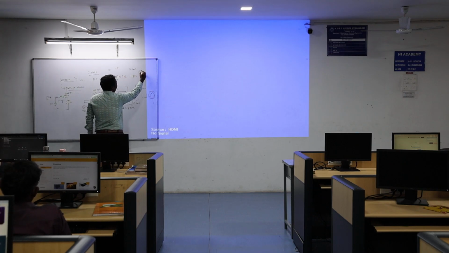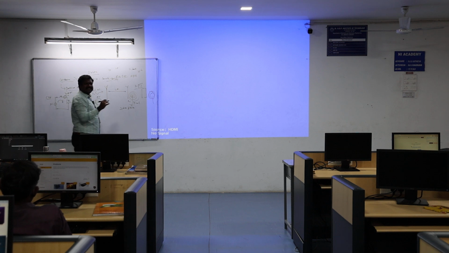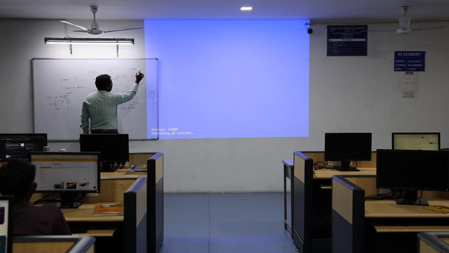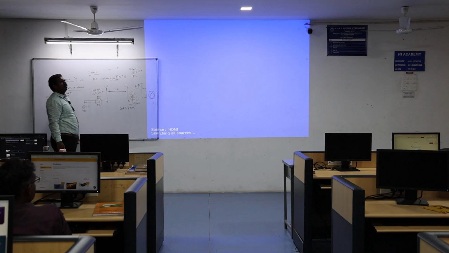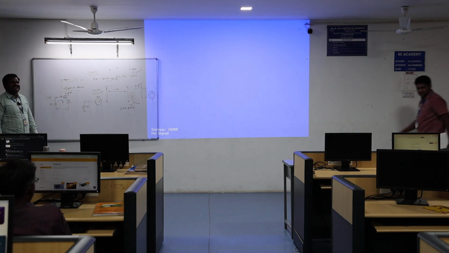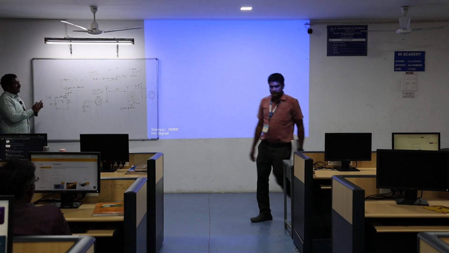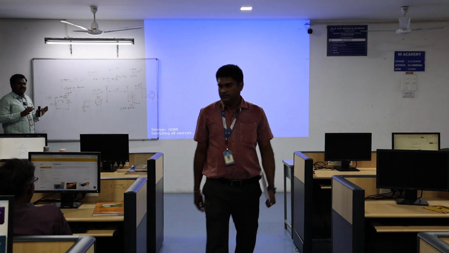Power distribution is approximately 10 to the power of minus 6, so a voltage of about 10 to the power of minus 6 is required. So there is a variety of applications using antenna design.